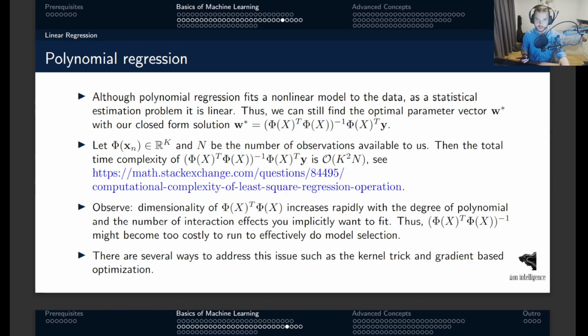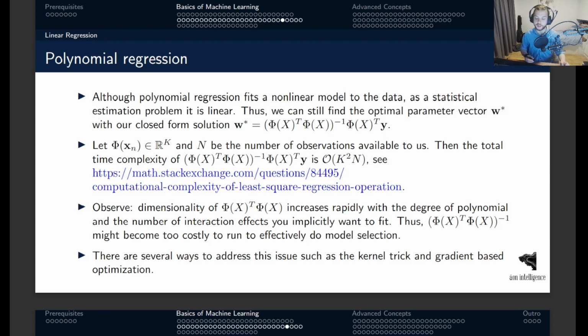What's so great about this approach is that we now have access to non-linear combinations of our features as well as non-linear representations of those individual features. So we can fit non-linear models to the data while still retaining our linear formulation, because we still have this model formulation of any prediction being the inner product between a feature mapped observation and the parameter vector.